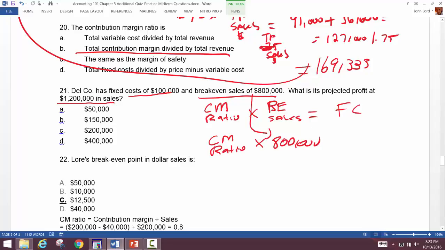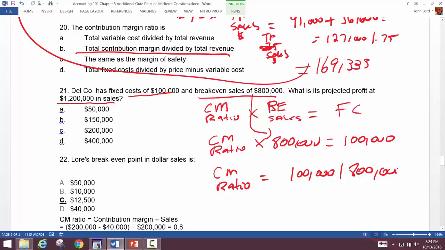And it also told me that the fixed costs are 100,000, right? So why don't I just go ahead then to get the contribution margin ratio by taking the 100,000 and dividing it by 800,000. That gives me a contribution margin ratio of what, 0.125?